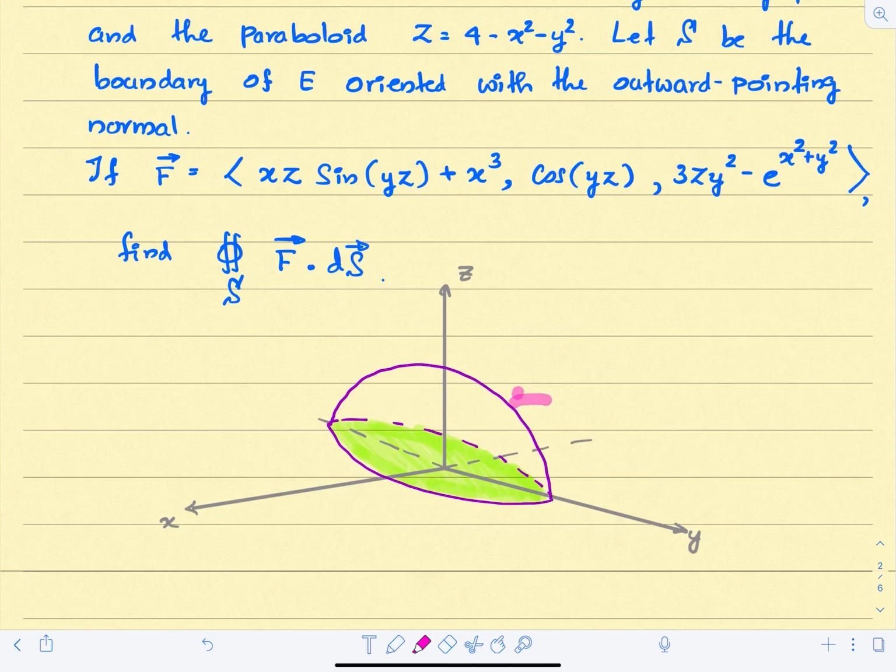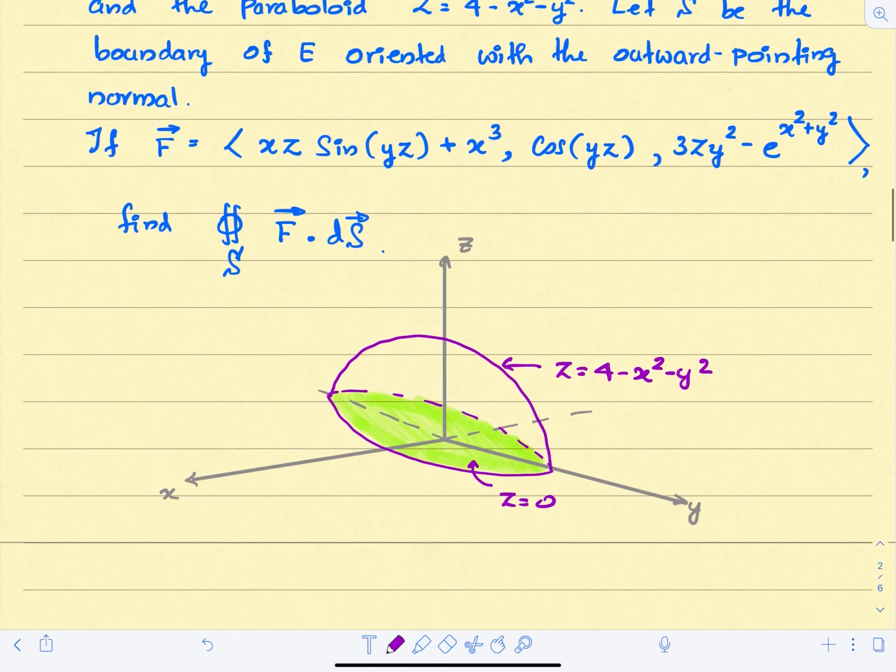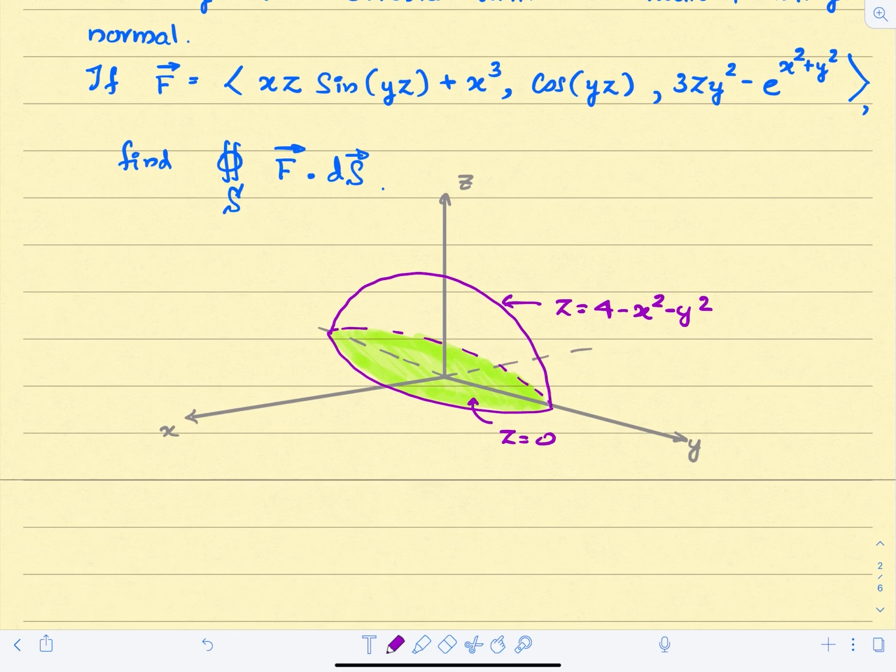So this one is z equals 4 minus x squared minus y squared. The bottom surface is z equals 0. Now as you can see, we have a closed surface.